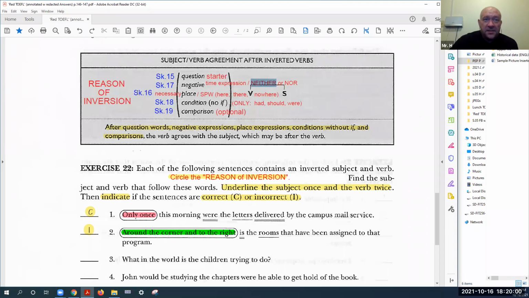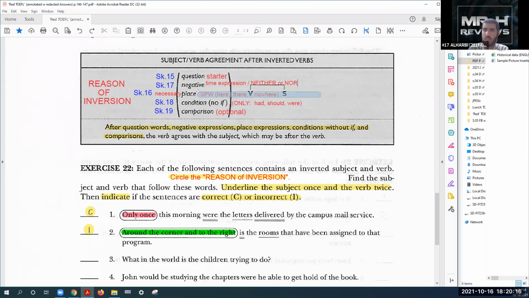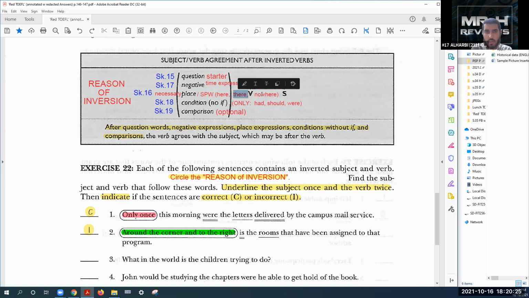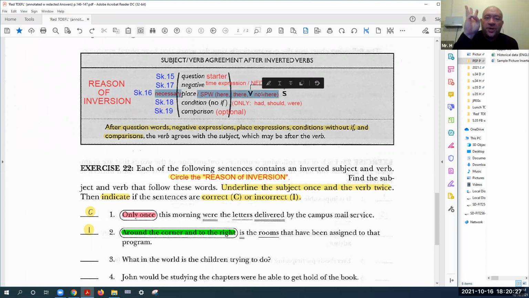Skill 16, necessary place expression. SPW. Can you remember what that is? You can see it right there. Just read the words. Here, there, nowhere. Just those 3 words, right? But I didn't start it.